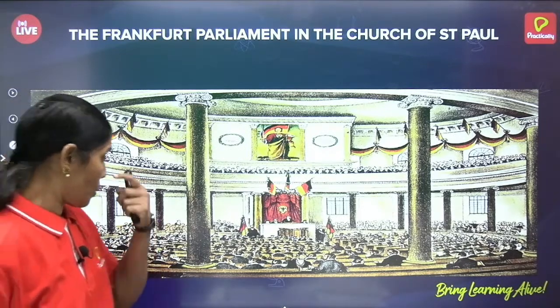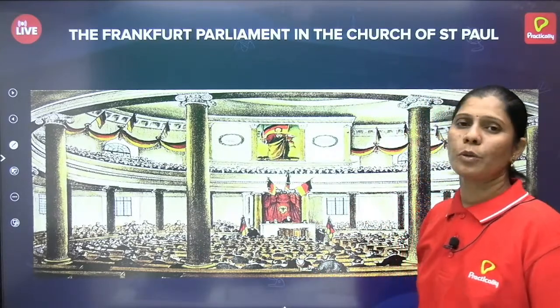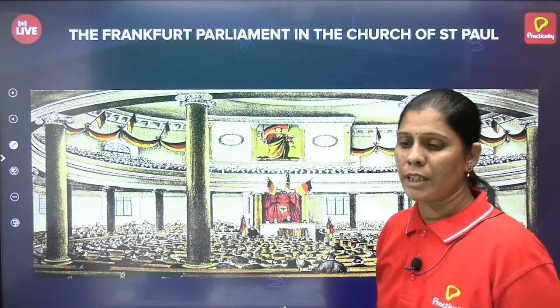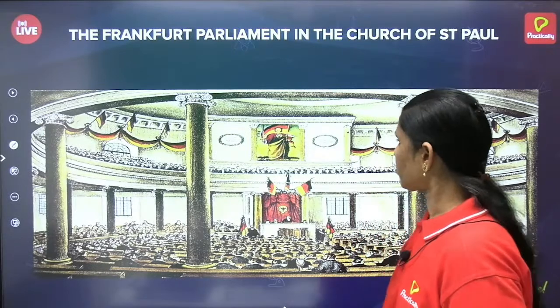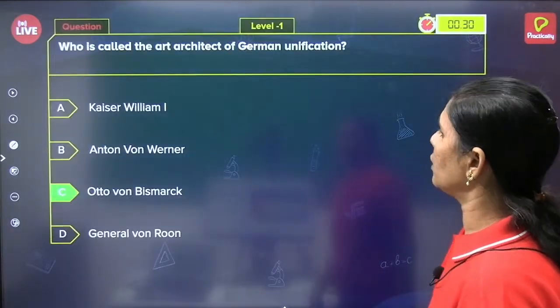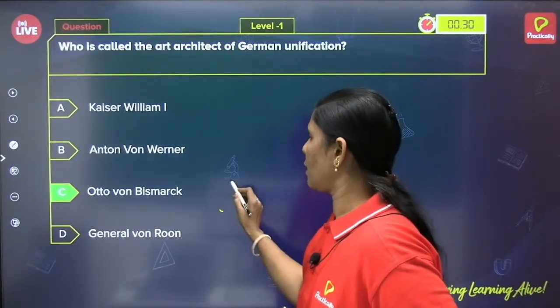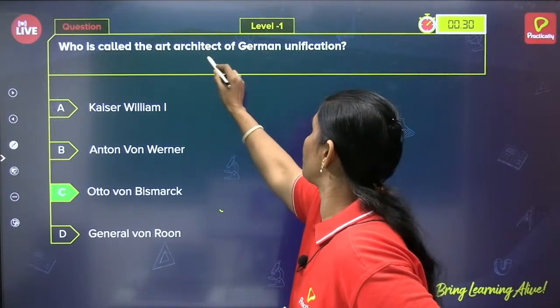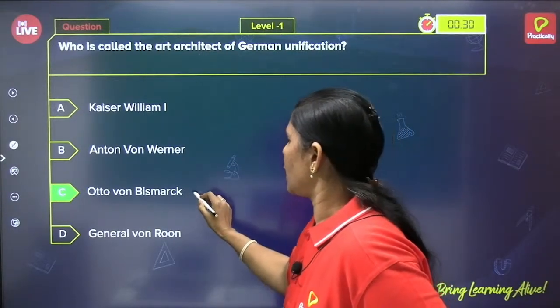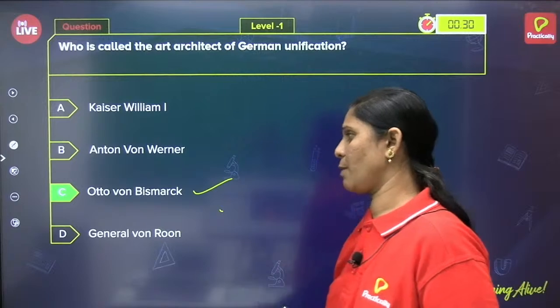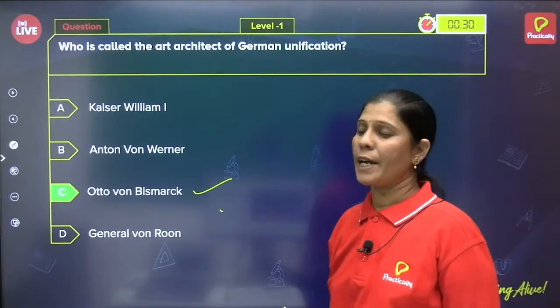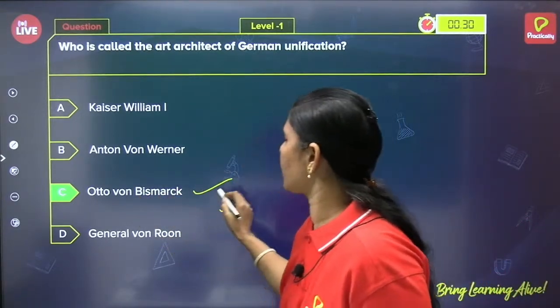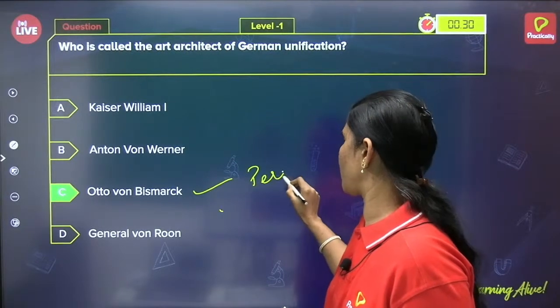And so the main interesting personality, the important person who played a major role in the unification, is Otto von Bismarck, who was an architect of German unification. The answer is Otto von Bismarck. Ottoman was an empire and Otto von Bismarck was a person. Please note this point.